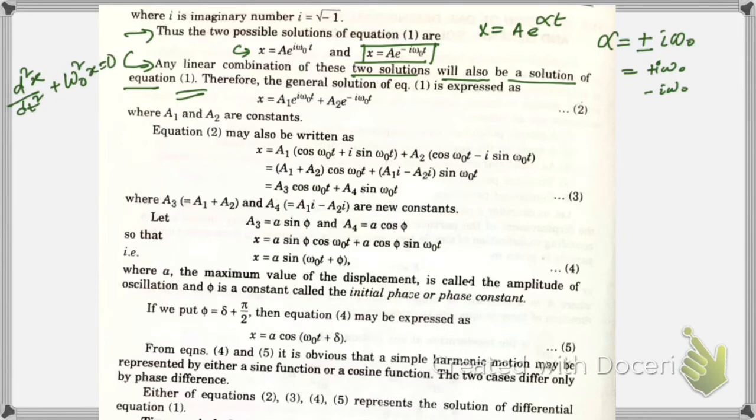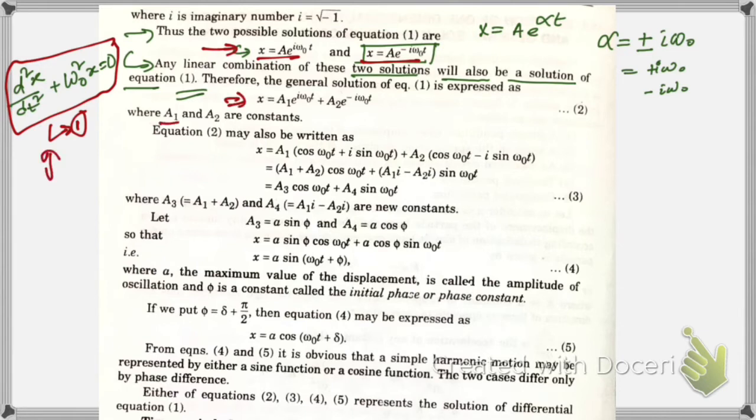So this was equation number 1, right? As we have got two possible values, x is equal to this one and this one, a linear combination of these two solutions will be the solution of this equation that is given by this.